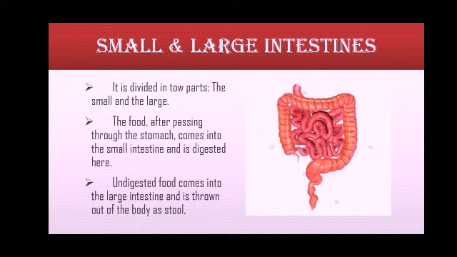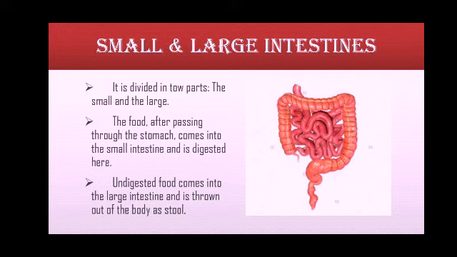The small intestine lies between the stomach and the large intestine, and the large intestine, also known as the large bowel, absorbs water. The remaining waste material is stored as feces before being removed by defecation.